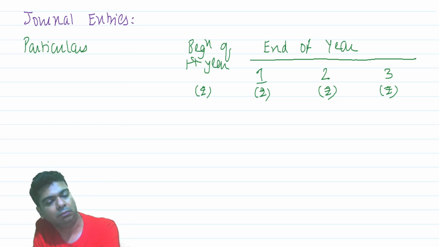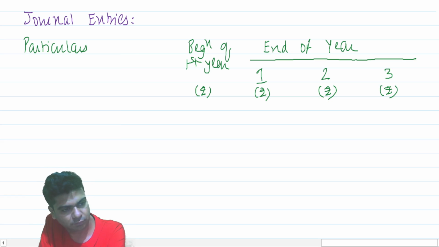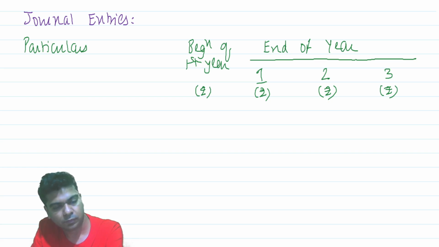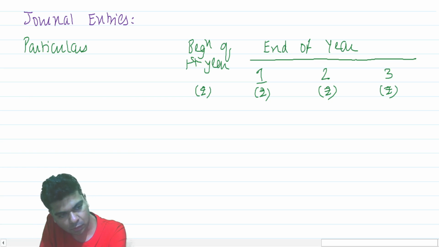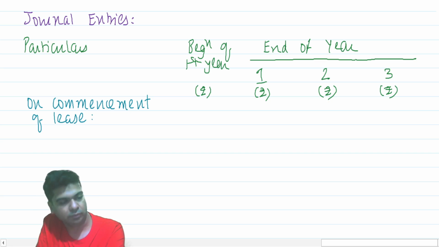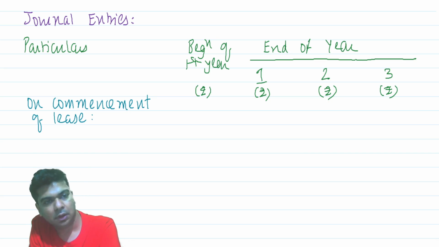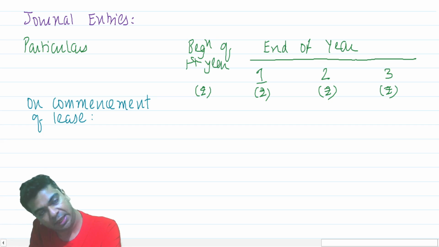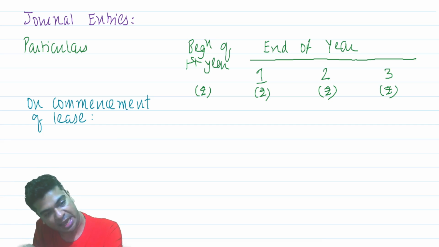We say here on commencement of lease. Tell me, what will be our first accounting entry on the commencement of the lease? We will incorporate the ROU asset and we shall also be incorporating the lease liability.